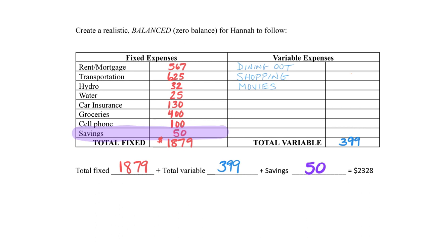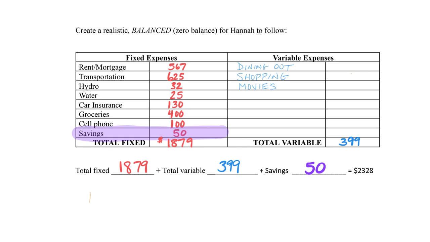Okay, we're back. So, say dining out. I don't know what you assumed would be reasonable for Hannah. Let's say that she likes to get together with friends once a week. Well, if she's going to go out and eat dinner once a week, what would be the average cost of eating dinner? I don't know, somewhere between $15 and $20 for an entree. You add in a drink.